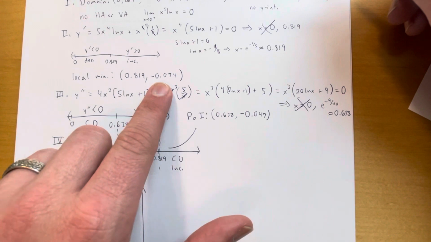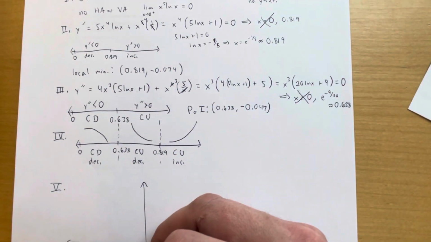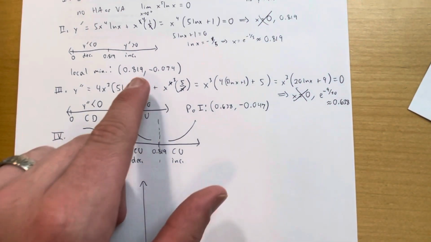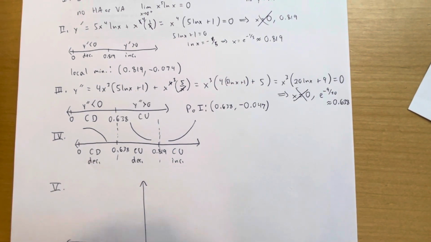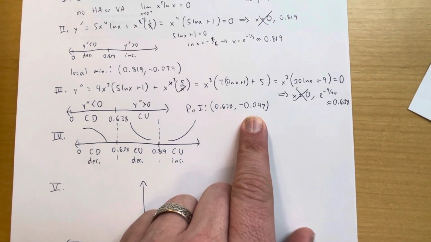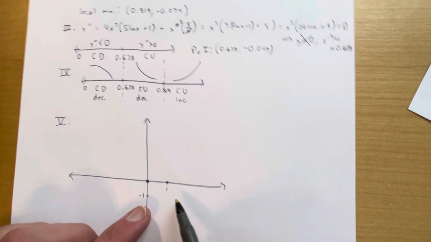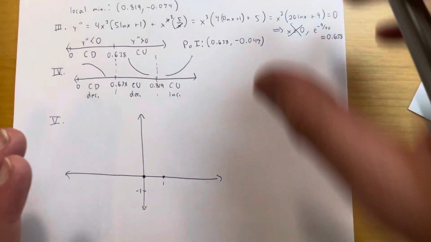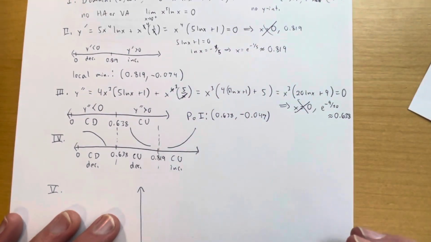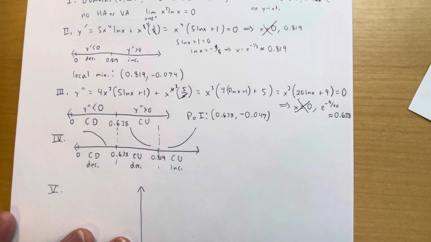My local minimum has a negative y coordinate. So let's put a negative 1 in there. That's enough to capture that. And then I have another negative y coordinate right here. So I need to include that. So it looks like most of the information for my graph is going to be in this small little window. Maybe I should have made that a little bit bigger. But that's okay. Now let's see if we can get to the graph itself.